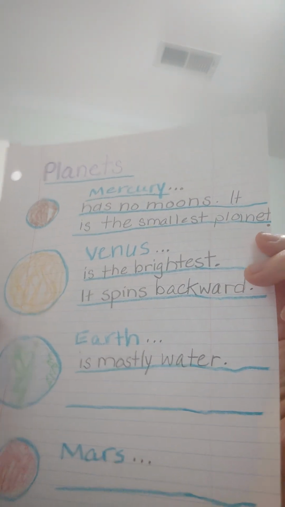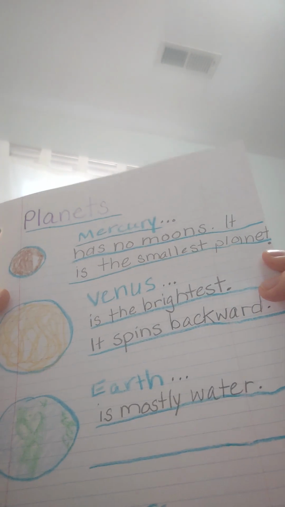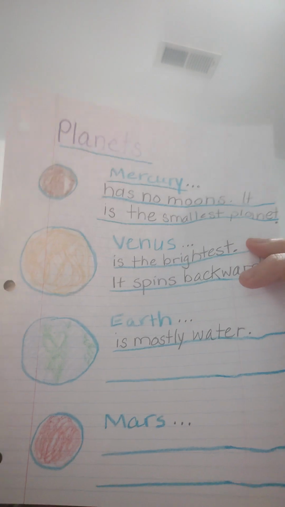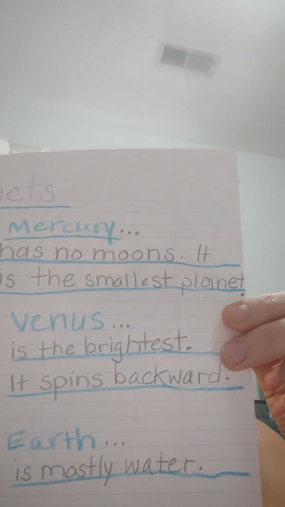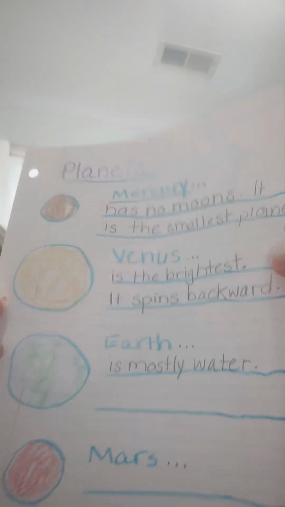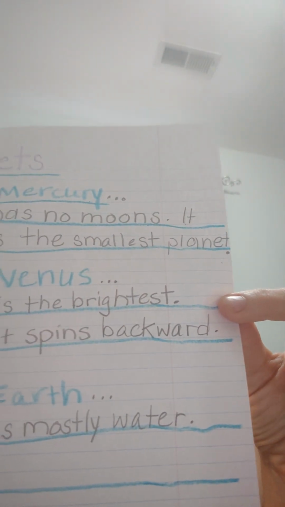But again, we've drawn the first four planets. It gives a sentence starter rather than just labeling or listing vocabulary. We started a sentence that begins with Mercury and let the student finish the sentence with some characteristic of the planet. In this case, Mercury has no moons. It is the smallest planet. And the same with the others.